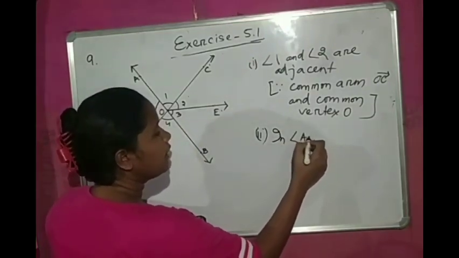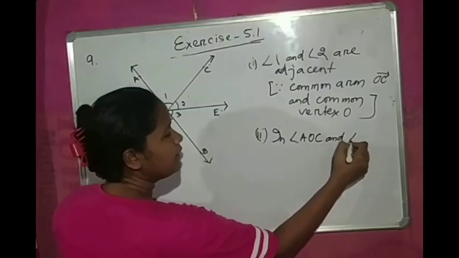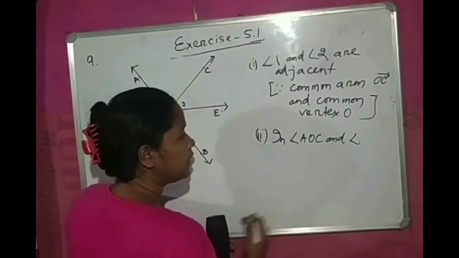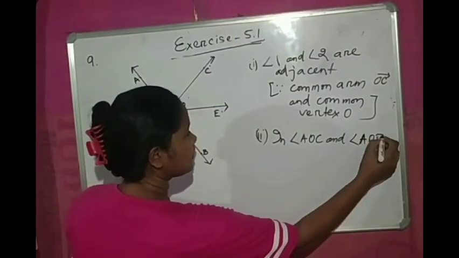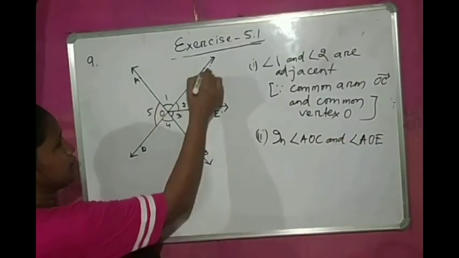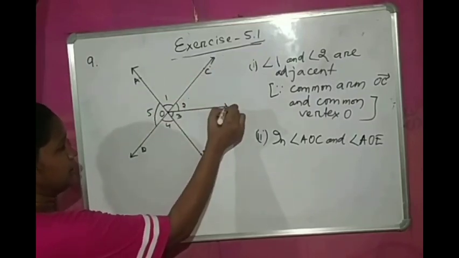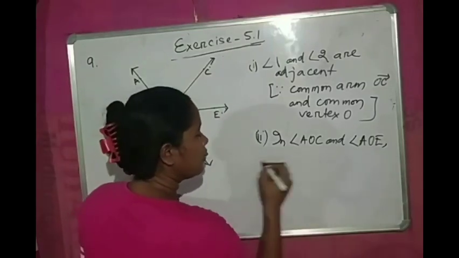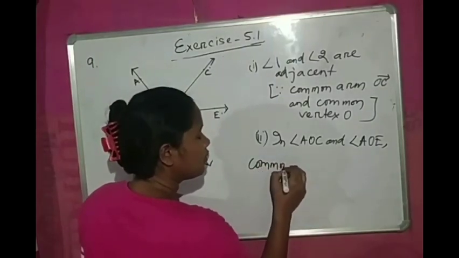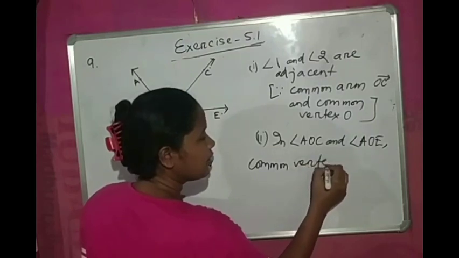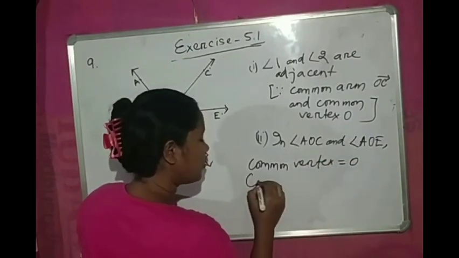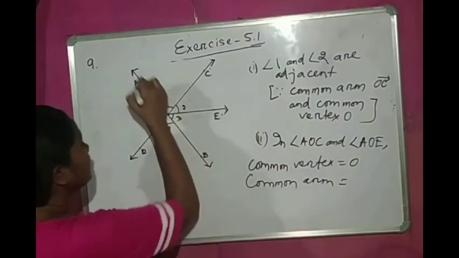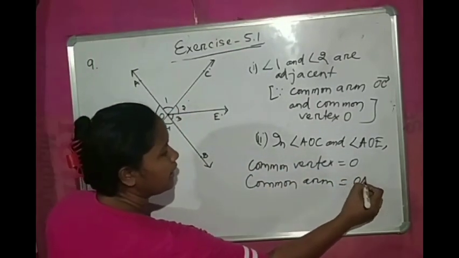In angle AOC and angle AOE, we have the common vertex O and the common arm OA.